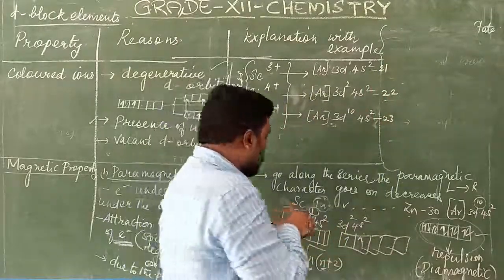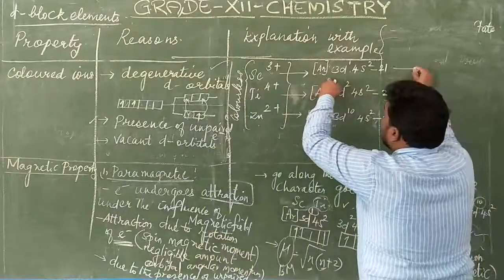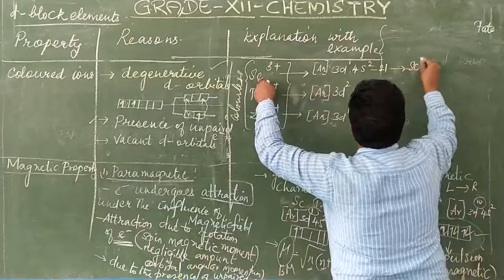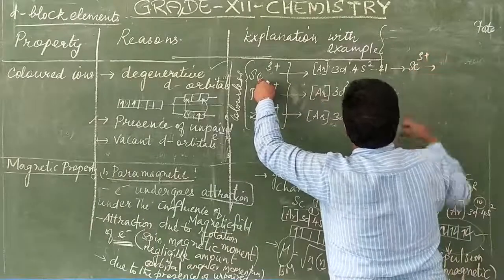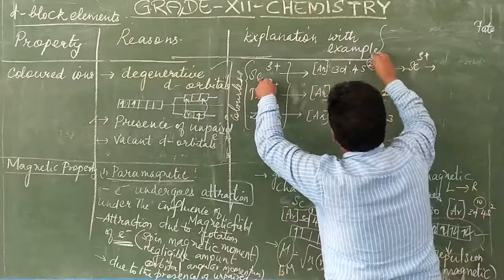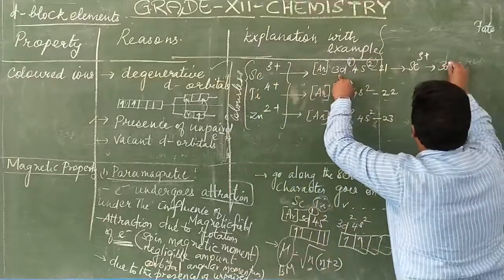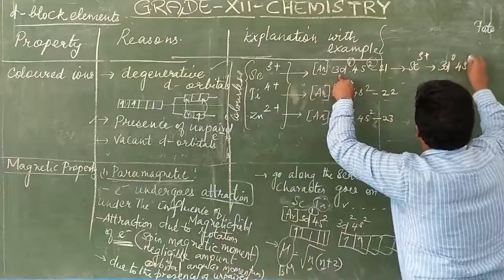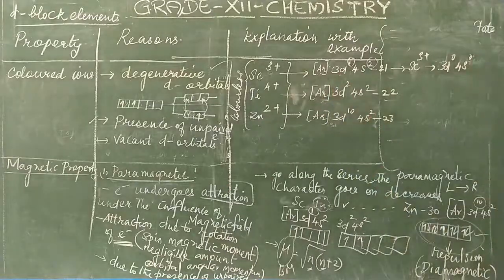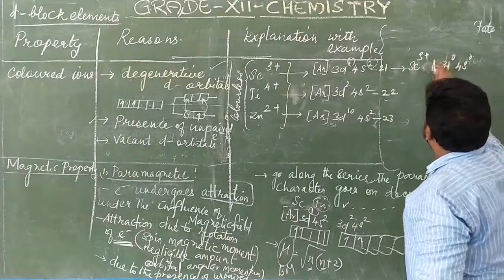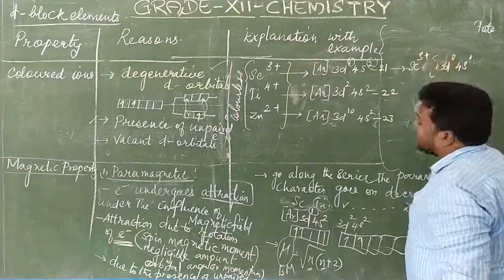Correct? Now when the scandium attains the 3 plus oxidation state, what is the configuration? The one 3d electron should get removed, and the 4s with 2 electrons also are lost. So as a result, it becomes 3d0, 4s0. Can you understand?